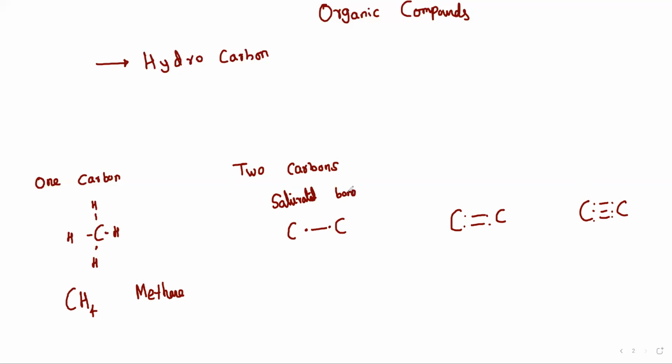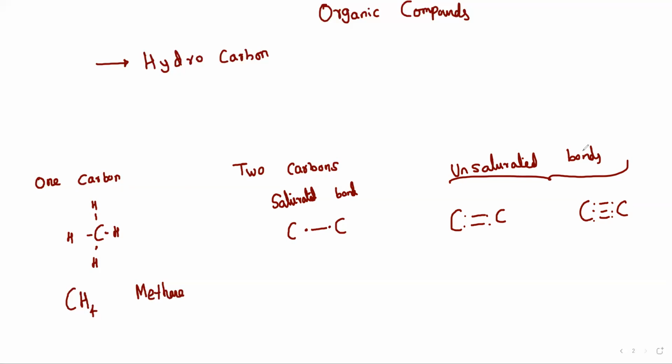These two are called unsaturated bonds, and hydrocarbons derived from these unsaturated bonds are called unsaturated hydrocarbons. So basically we have two kinds of organic compounds. One is saturated organic compounds, the other one is unsaturated organic compounds.